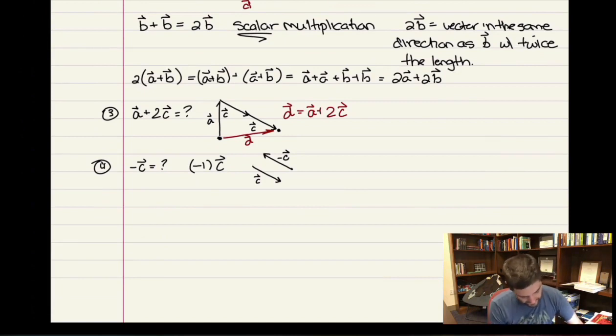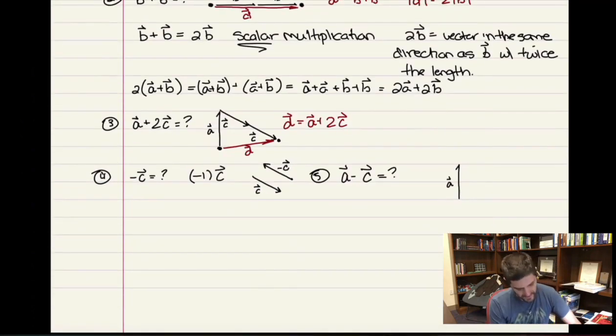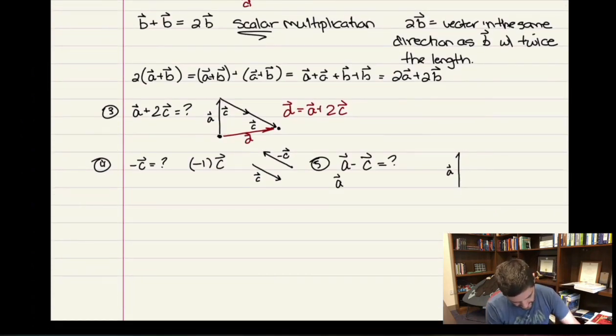So you could think, for example, if I were to say, okay, what is A minus C? What is one vector minus another vector? Let me call this 5. In that case, I can go back up to my vectors. I have A, which I will copy and paste. So I have A, but now I can think of this, instead of A minus C, as the same thing as A plus -C.